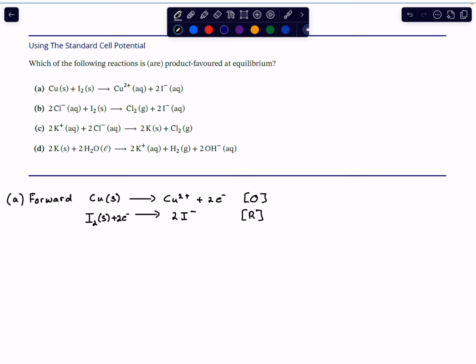If the forward reaction occurs, these are our species. So in the forward scenario, copper solid undergoes oxidation, so that makes it our reducing agent.